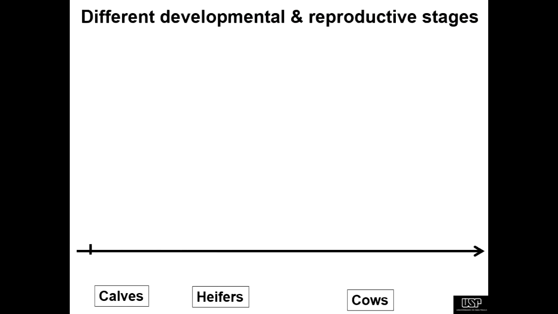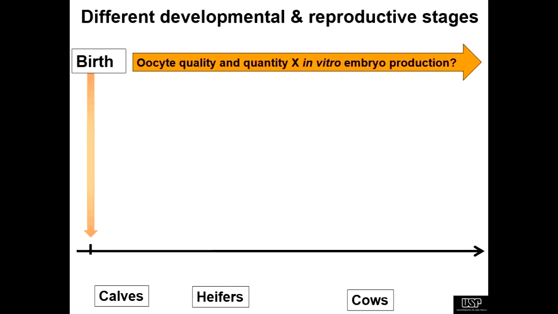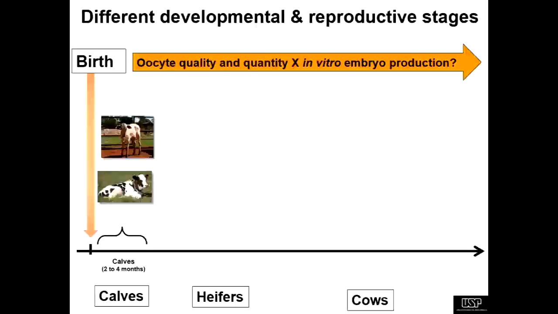What I prepared to present are the different developmental and reproductive stages, oocyte quality, and in vitro embryo production. We will start with our research producing embryos from calves, two to four months old.